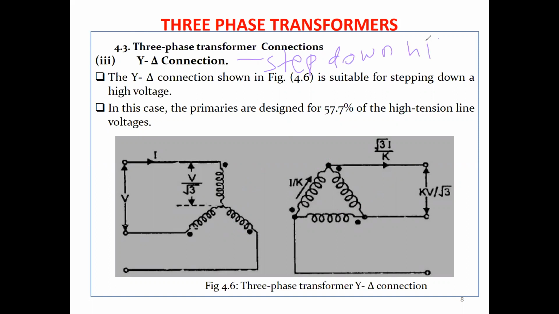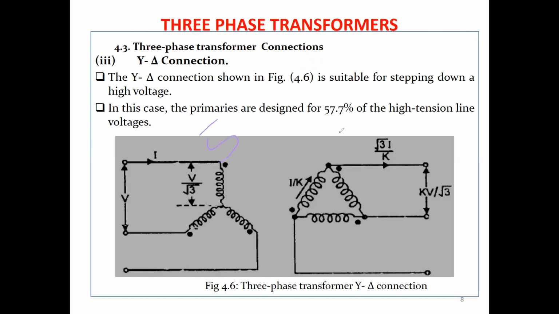high voltages. So the primaries are designed for 57.7, which we have said is 1 over root 3 of the high tension line voltages.